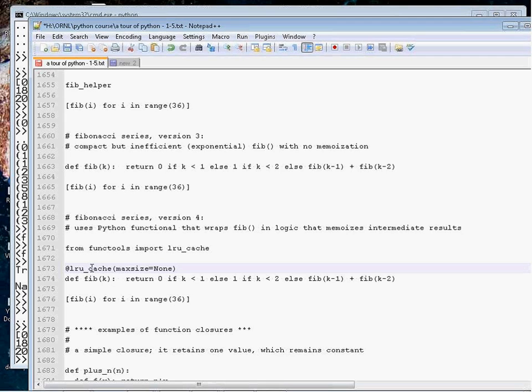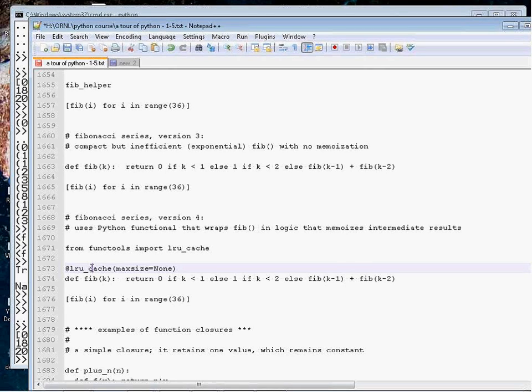What the decorator will do is start a table. Fib1 is 1. Fib2 is 1. Fib3 is 2. Fib4 is 3. Fib5 is 5. So as the decorated function runs, the table gets built up.